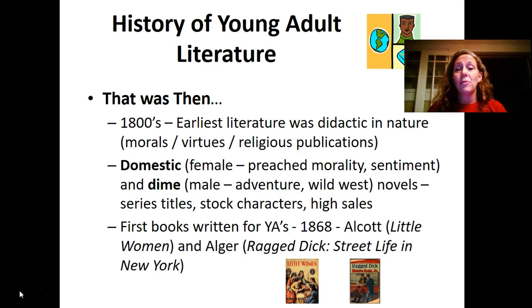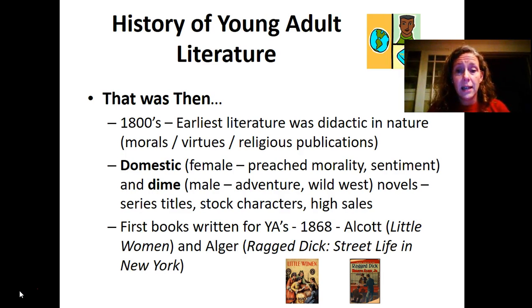They're very sentimental. They're treacly. And for young men, you had the dime store excitement serial novels where you've got adventure, you've got swashbuckling, you've got westerns, you've got all that good stuff that's really fun but not very original or inspiring.